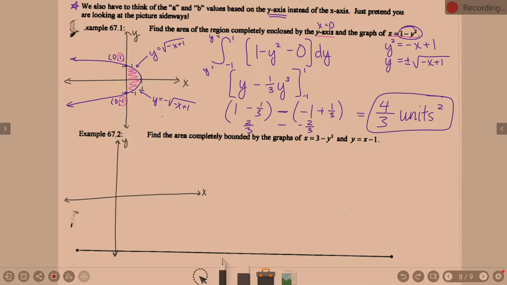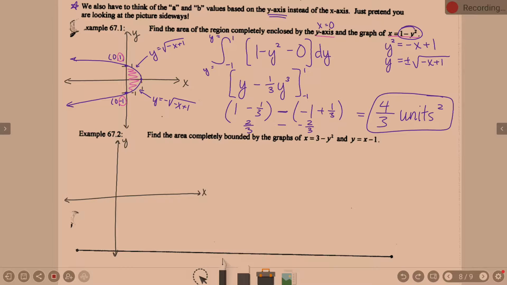Let's graph them. Which one are you starting with? The parabola. Oh, you started with the hard one. If we look at the parabola, x equals 3 minus y squared, can you solve that so you can graph it on the calculator? Yes, you can. Right now it's x equals, so it's ready to take 3 minus y squared and put it into our integral. But x equals y squared is a sideways parabola.